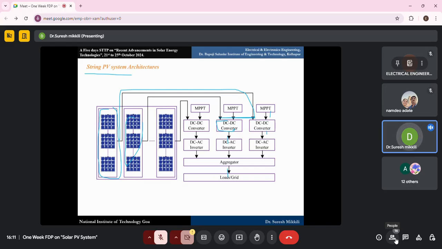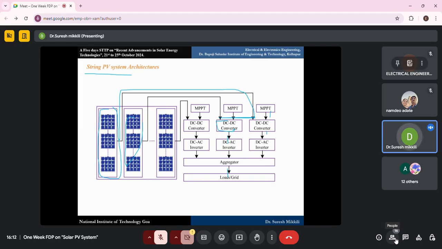Every string can be kept with small converters. All the converters can be aggregated together. Loads can be catered separately, or the entire power can be combined and connected to the load, or you can segregate and connect separately also. That's what string integrated converters are. Rather than considering one converter, we are considering multiple converters string wise. Here there is an advantage.